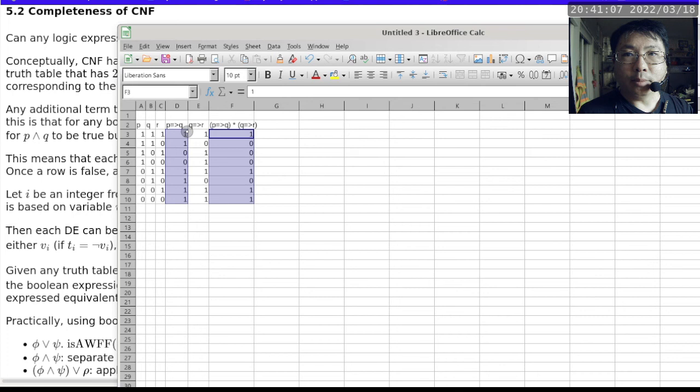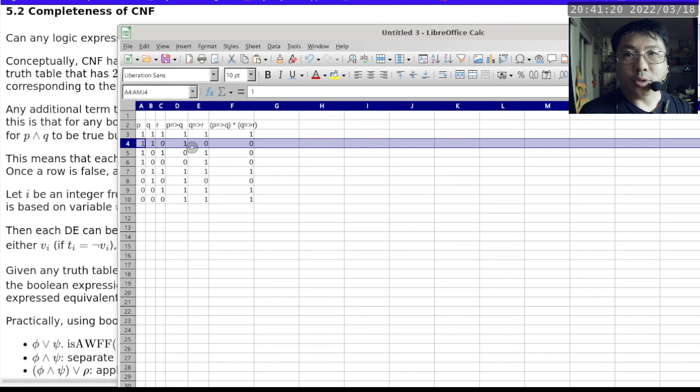So P implies Q itself is true more often compared to P implies Q and Q implies R. There are certain rows, like this row here, that were actually true with P implies Q, but when we have a conjunction, it is now false because Q implies R is false for that particular row.